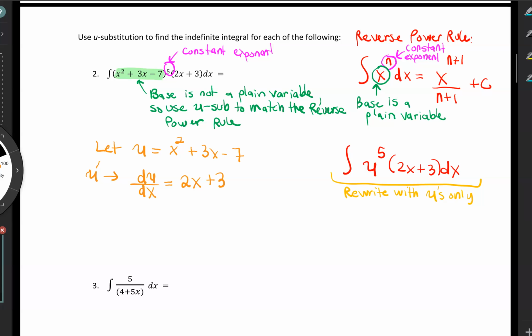Okay, and then I need to get that dx to the other side. So I'm going to multiply both sides by dx. Those will divide out. And that's going to give me, I'm going to keep my binomial in parentheses just to remind myself that that whole binomial got multiplied by dx.